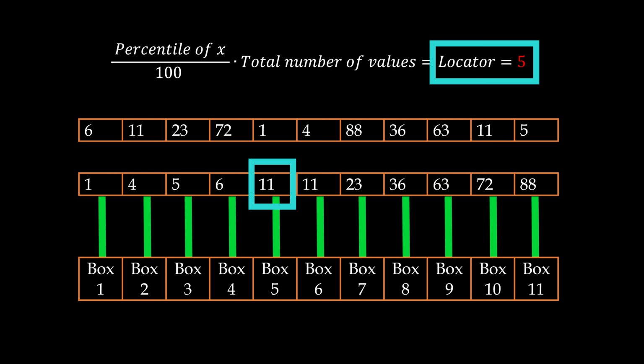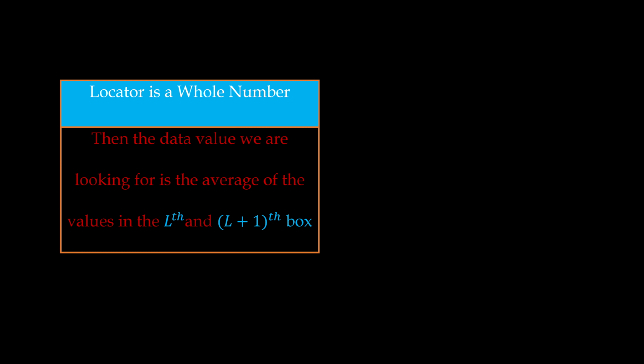But this is where it gets a little confusing. When we compute the locator, two things can occur. First is if the locator is a whole number. In this case, the data value we are looking for is the average of the values in the Lth and the L plus 1 box.